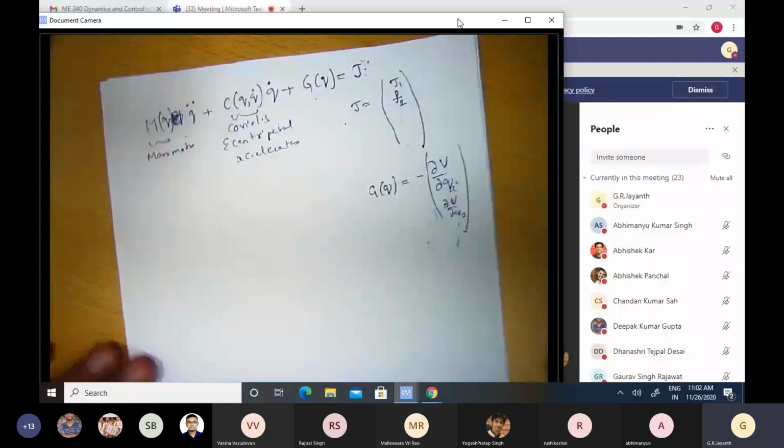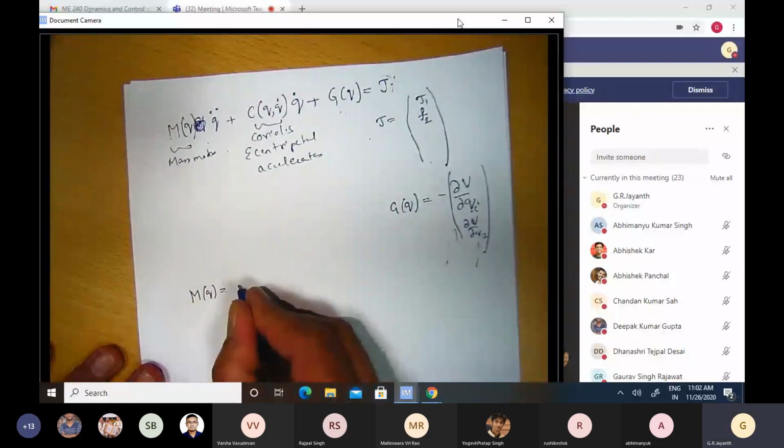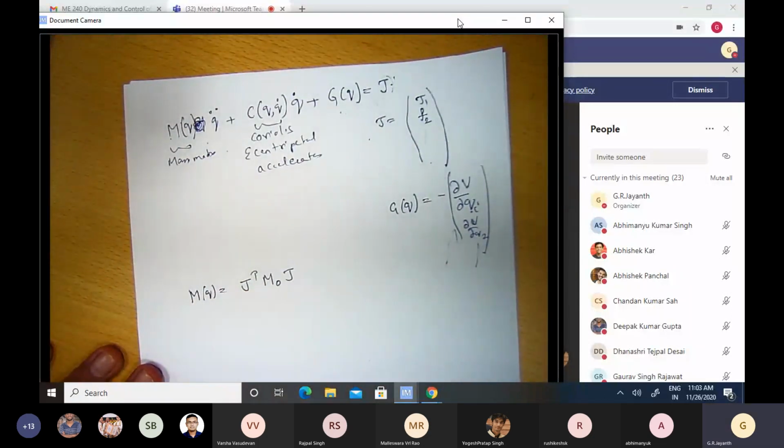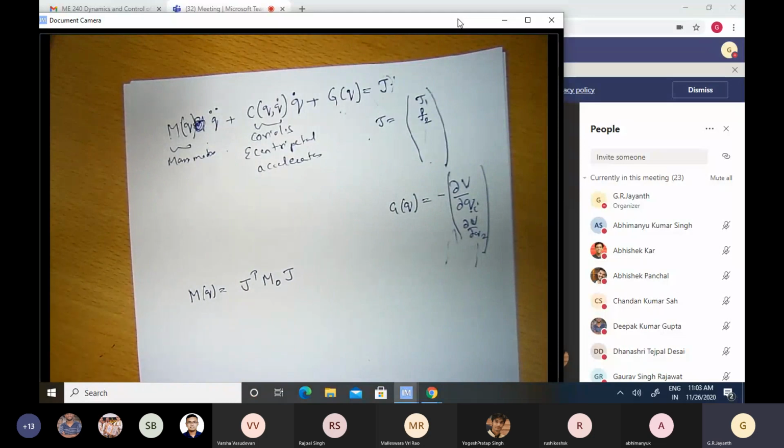Well, it turns out that it is possible, because what is the definition of M of Q? It is J transpose M naught J. And what is this M naught matrix? The M naught matrix is essentially the stringing together of all the mass matrices M naught 1, M naught 2, M naught 3, etc. And each of those matrices in turn is an identity matrix multiplied by the mass, together with the inertia matrix of that particular rigid body.